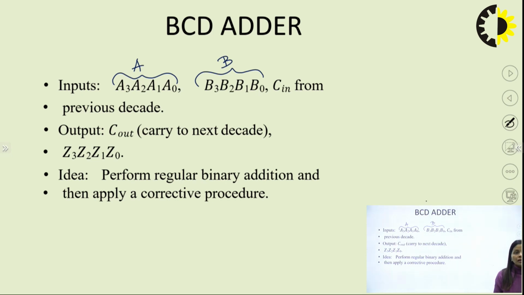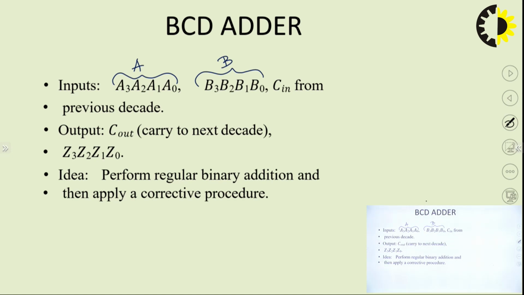Okay. If the numbers resulting after addition lie between 0 to 9, including 9 and including 0, then it's okay. But if the numbers after addition come out to be, let's say, from 10 to 15, including 10 and 15, then there will be a corrective action which will be addition of plus 6.